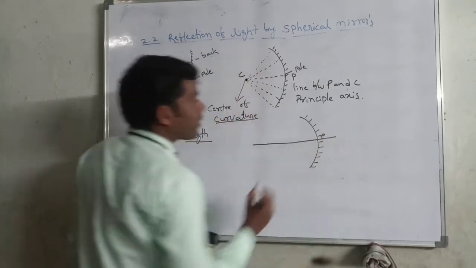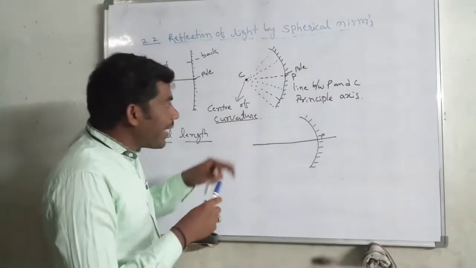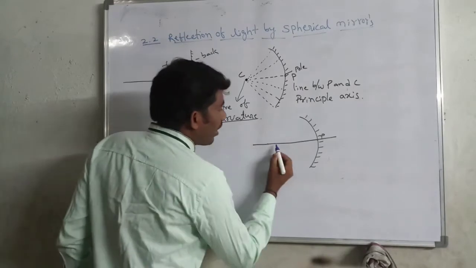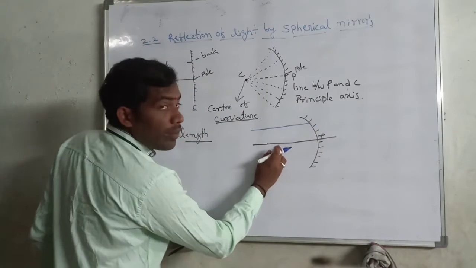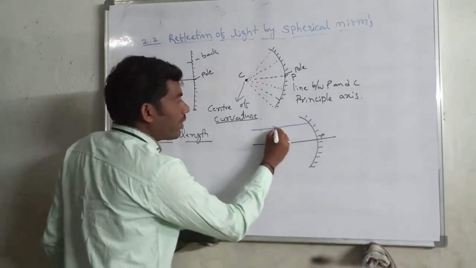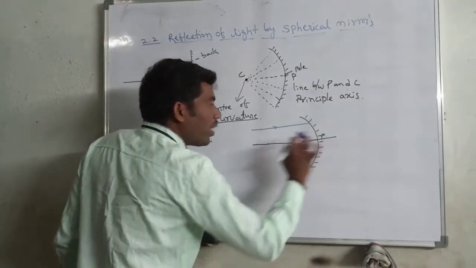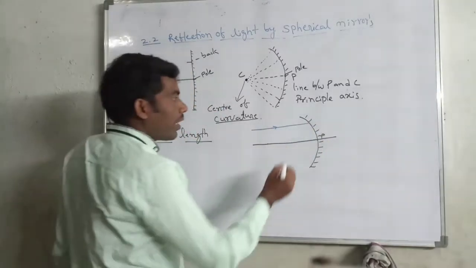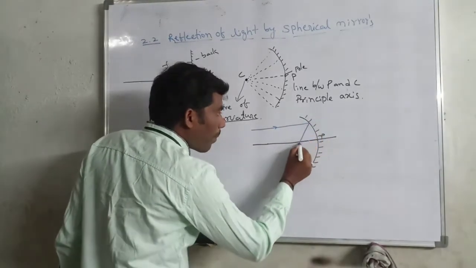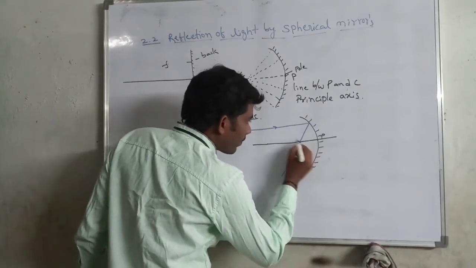See, first, when the light ray is traveling parallel to the principal axis, this is the light ray, traveling parallel to the principal axis, after it gets reflected it goes to some point. That point is taken as this one.